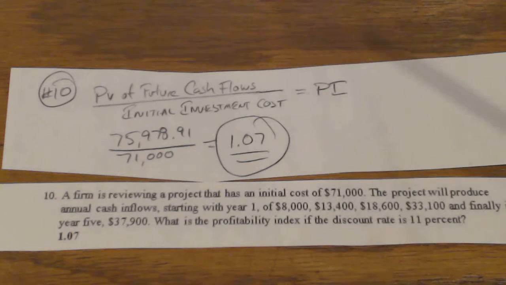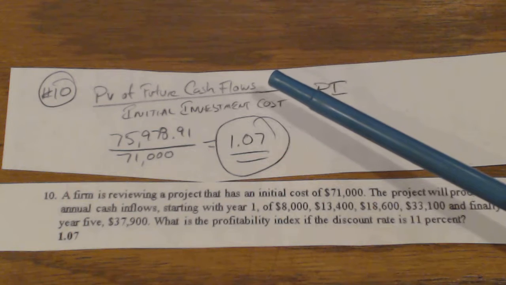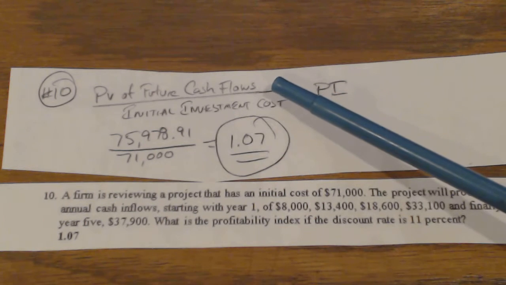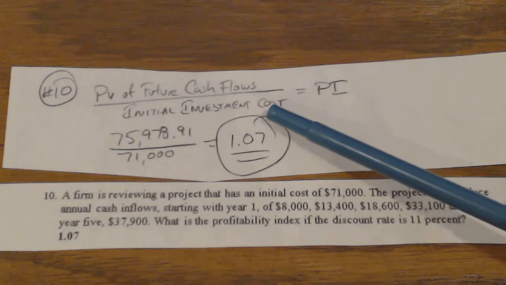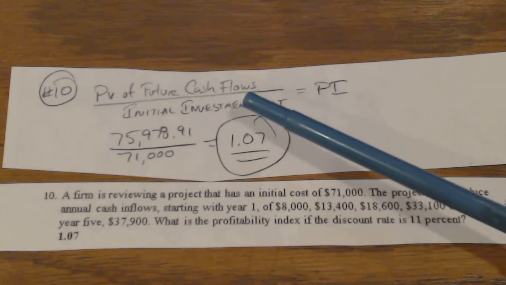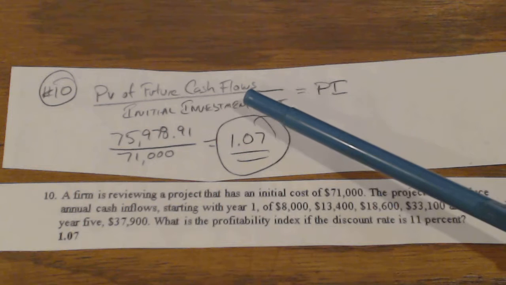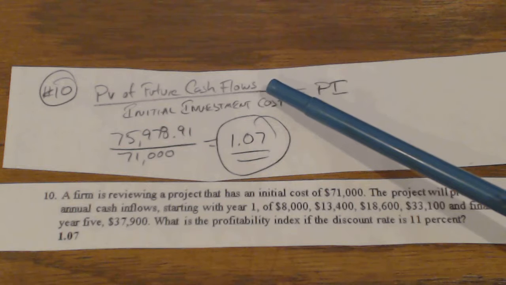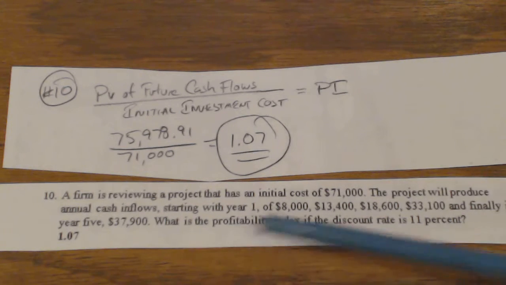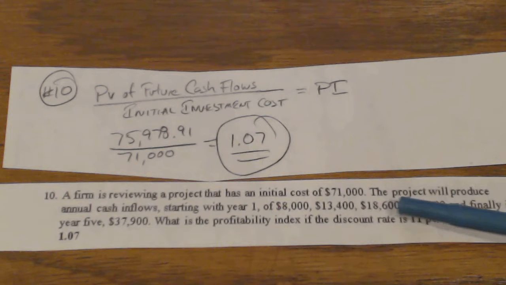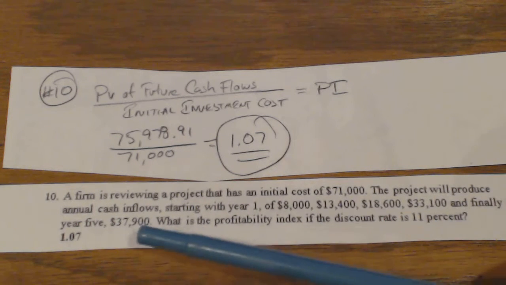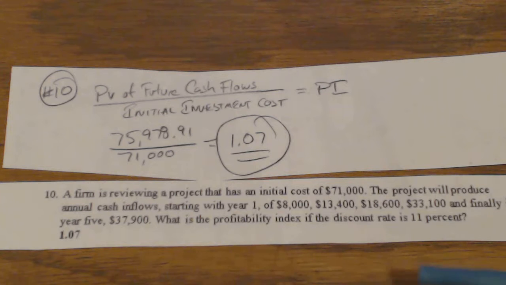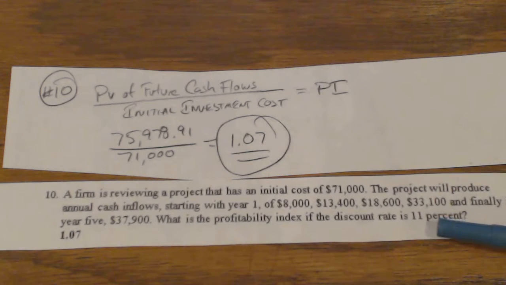Okay, so what you do is, now remember, your professor had kind of an unusual term when we talked about it before. It's not net present value, it's present value of future cash flows over initial investment cost, whatever you want to call that. And remember, the difference between the present value of the cash flows and the net present value of cash flows is the present value of cash flows. You take those cash flows, which in this case are $8,000, $13,400, $18,600, $33,100, and $37,900, and you discount them back to period 0 at 11%.